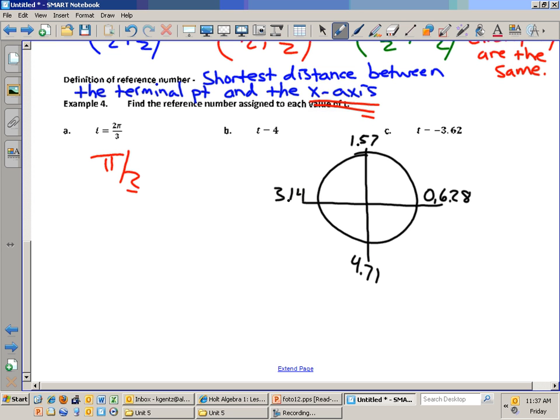If I were to draw, forget the negative, if I were to draw 3.62, which quadrant would I be in? The third. So negative 3.62 will bring me to the second. 3.62 would bring me down here to third, so negative 3.62 will bring me up to the second.